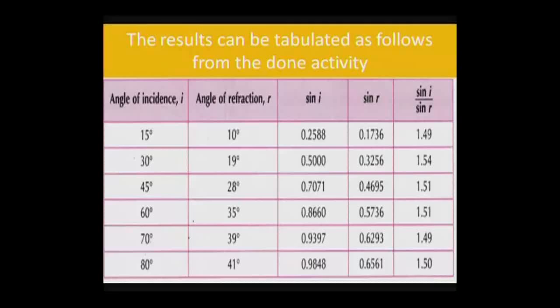So, the ratio of sin i by sin r gives the refractive index of the glass slab what we have used. So, as you see, for the various values of angle of incidence, there are different values of angle of refraction, and the ratio of sin i and sin r appears to be constant.